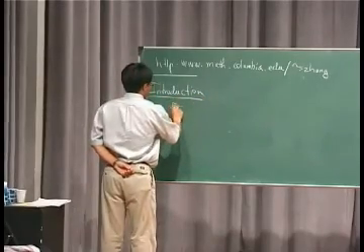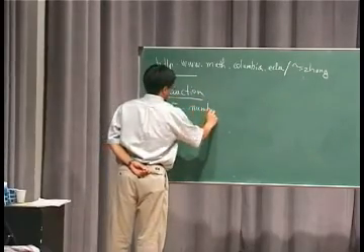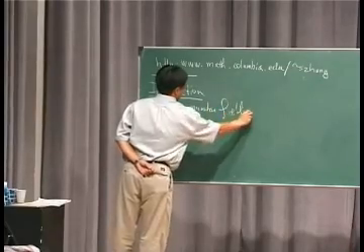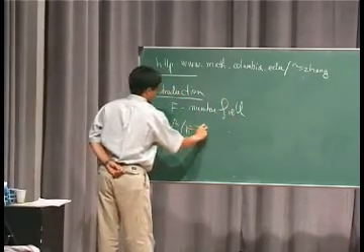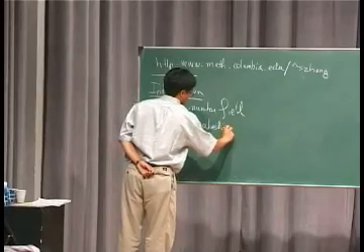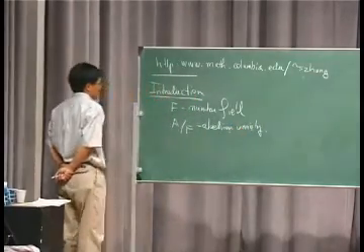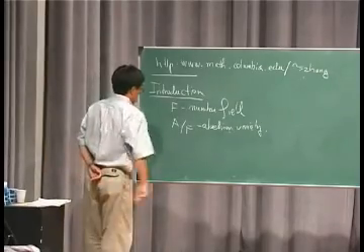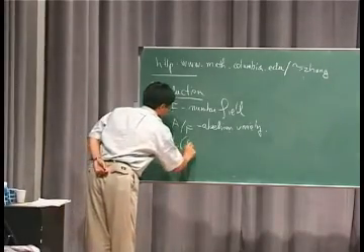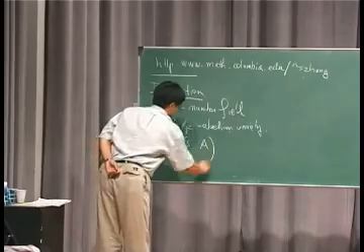Let F be a number field, and A over F an abelian variety. So we can define this L-series.